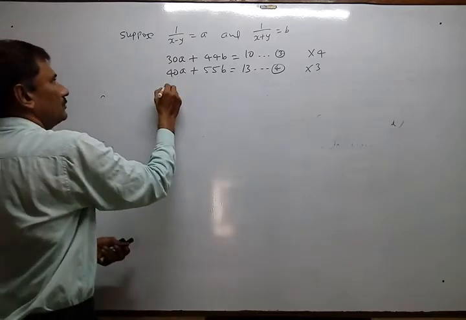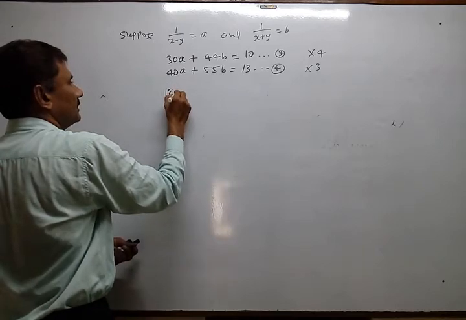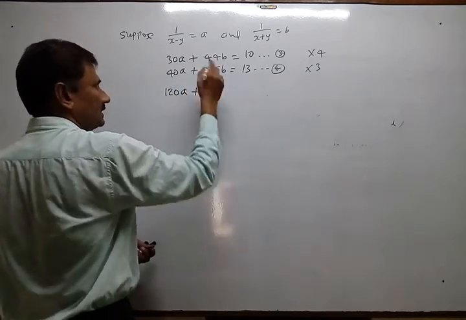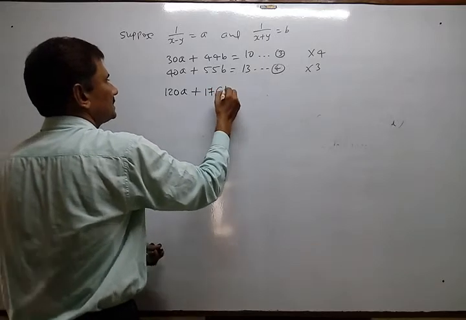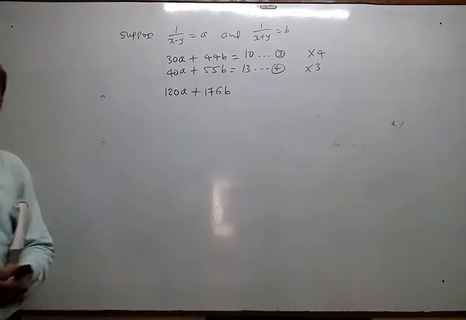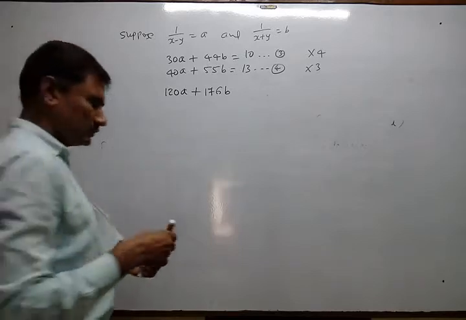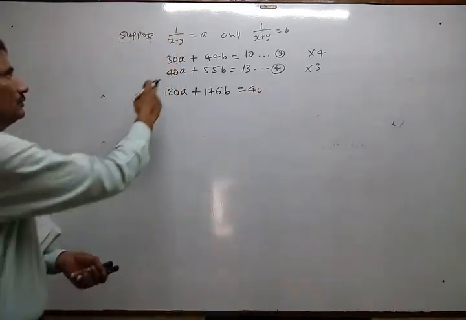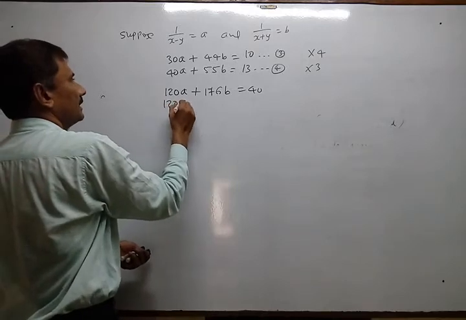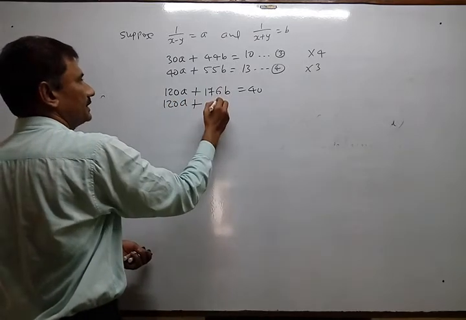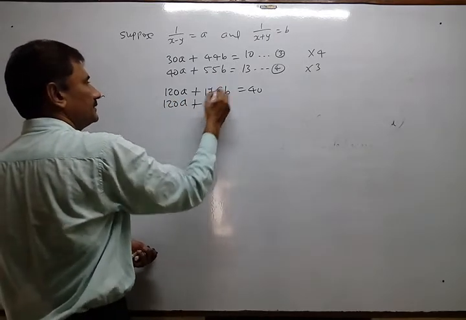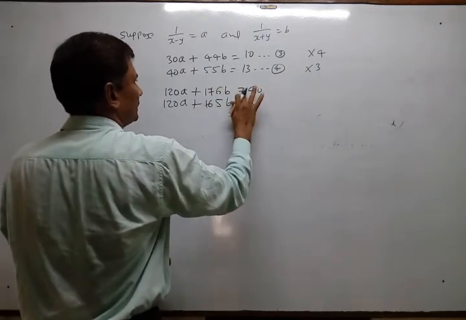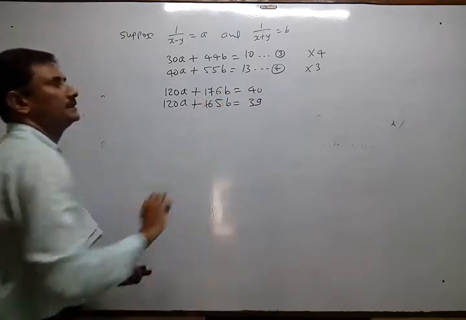Okay, so now 4 times 30 is 120, plus now 44 into 4, 4 4s are 16, so 176B. 10 4s are 40. Now 3 times 40 is 120, 55 into 3, 5 3s are 15, so 165B, and 30 3s are 90.